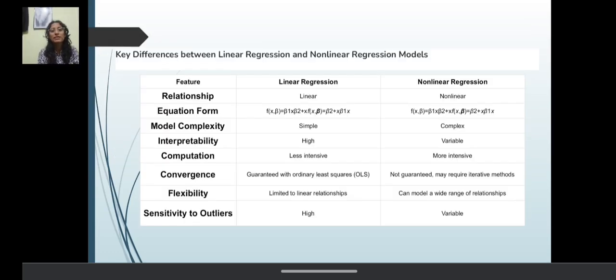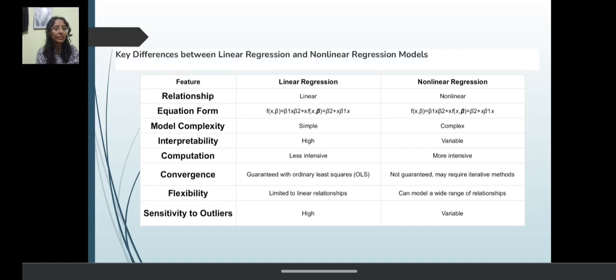And the key differences between linear regression and nonlinear regression models are as follows. Relationship: for linear regression, linear; for nonlinear regression, nonlinear. Equation form: for linear, f of x comma beta is equal to beta 1 into beta 2 plus x, or f of x comma beta is equal to beta 2 plus beta 1 x.